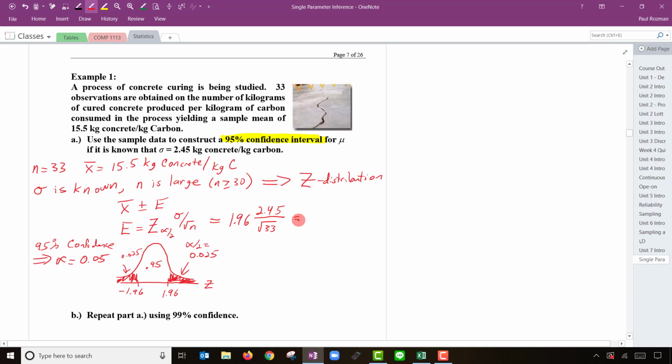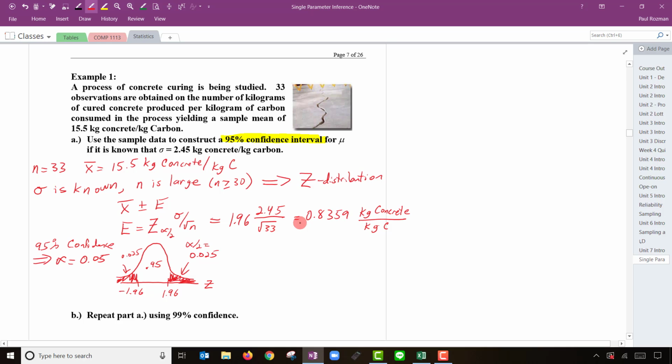We calculate this out, and I get 0.8359. And the units are just the units of the data, which were kind of ugly in this example. Our error is 0.8359 kilograms of concrete per kilogram of carbon consumed in the curing process.